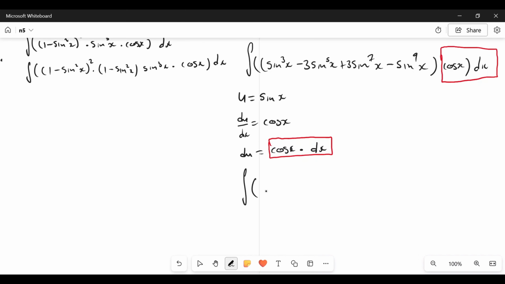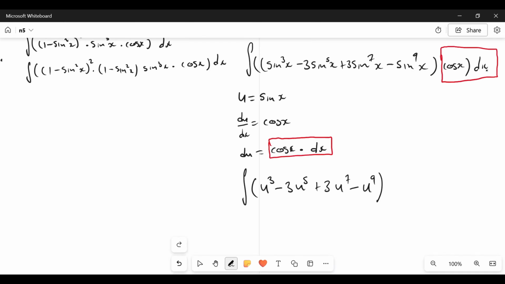So we have sine to the power of 3, this is going to be u to the power of 3, minus 3 sine to the power of 5x, this is going to be 3u to the power of 5, and then plus 3 sine to the power of 7x, this is going to be 3u to the power of 7, minus sine to the power of 9, this is going to be u to the power of 9, close bracket.